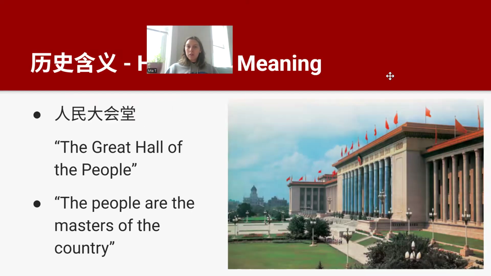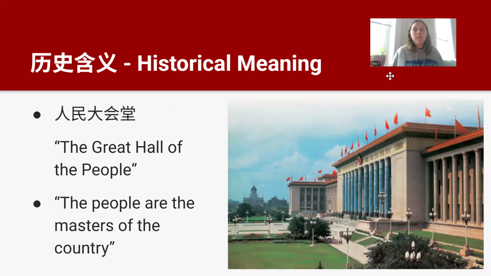A space that reminds me of this idea of Zhao, or summoning, or gathering, is what is called the Great Hall of the People in English, or in Chinese, 人民大会堂. So this whole building was built based on the idea that the people are the masters of the country. So this is their legislative building, where you're going to have meetings of that legislative branch.